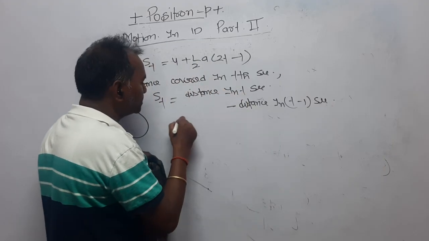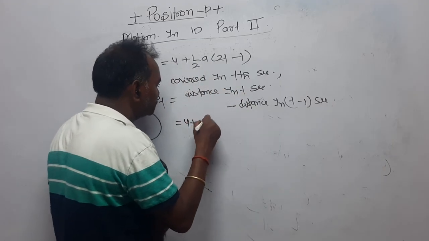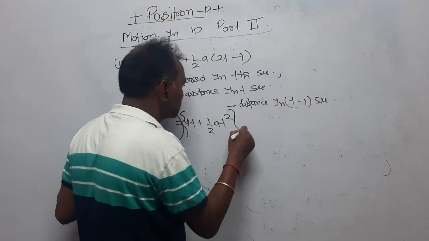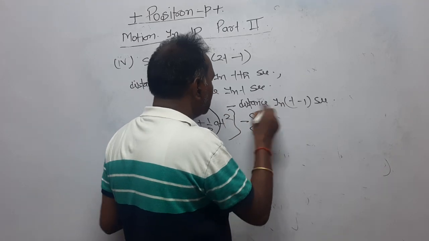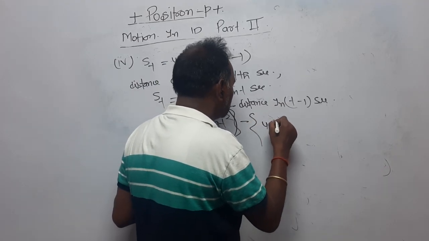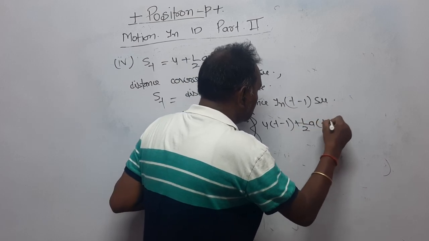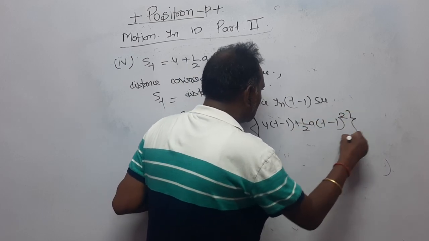In t seconds, how much distance will the body travel? ut plus half a t square. And in t minus 1 seconds, u into t minus 1 plus half a into t minus 1 whole square.